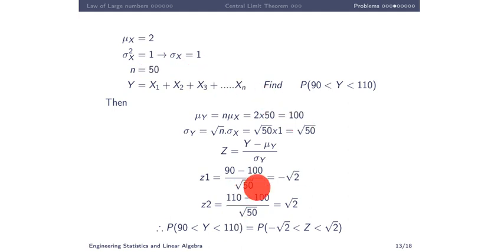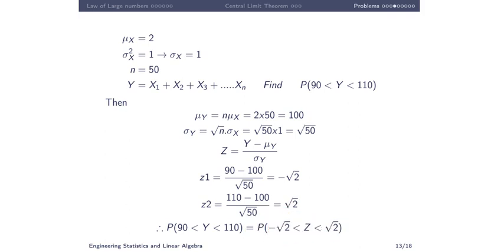And z2 is the second part, shifted by mu y, 100, and scaled by root 50, that will be (110 minus 100) by root 50, which is root 2. So instead of finding the probability of 90 less than y less than 110, it is converted to the standard normal distribution, finding the probability of minus root 2 less than z less than root 2.